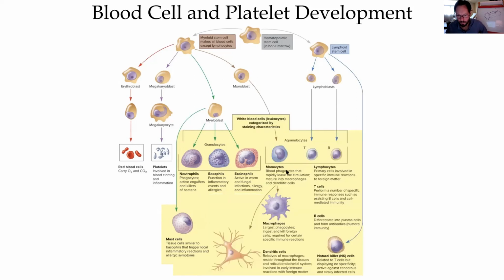After that, we have now the lymphoblasts differentiating into the agranulocytes. And you can think of this as agranular because, if you look at these cells under a microscope, you don't see these large granules present in the neutrophils, basophils, and eosinophils.